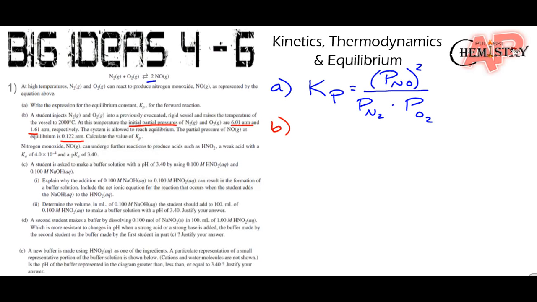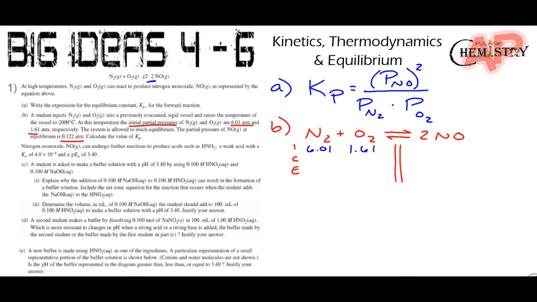Calculate the Kp. All right, this screams ICE box to me. If you're not familiar with an ICE box, which is really just easy stoichiometry, I want to talk about the initial, the change, and the equilibrium. Initially, it says that I have 6.01 atm and 1.61 atm.